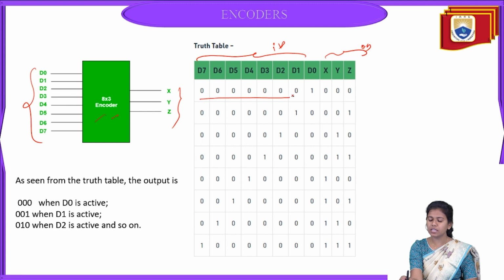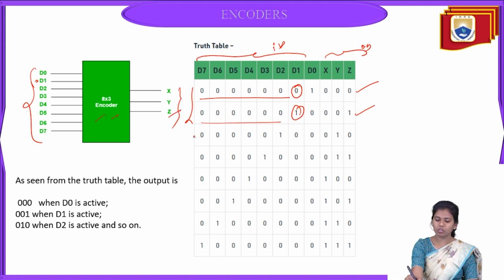When all inputs are 0 except D1, that is when D1 is 1, the output we observe is Z. Likewise from 0 to 7, these are the combinations of bits for the inputs as well as the outputs.